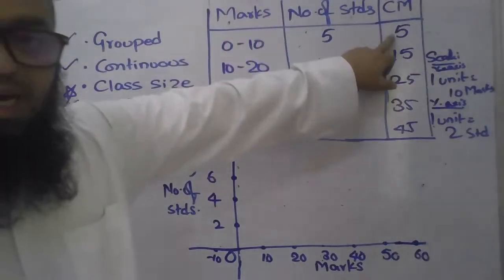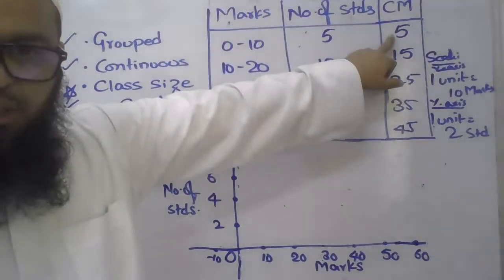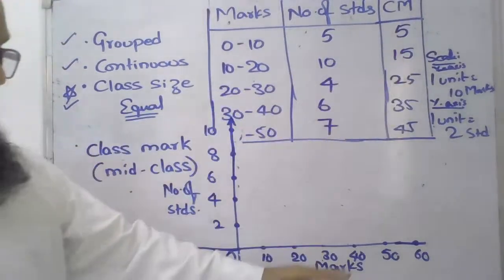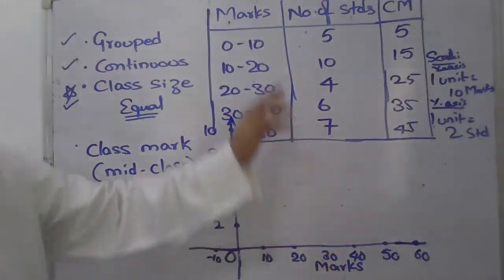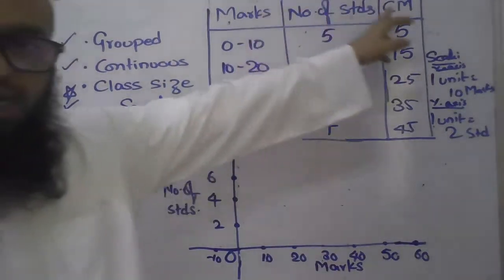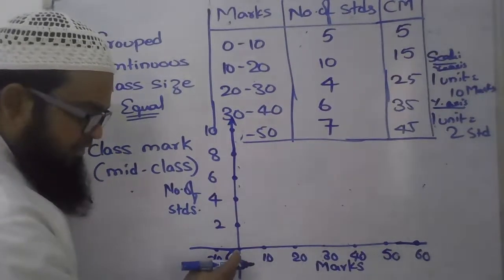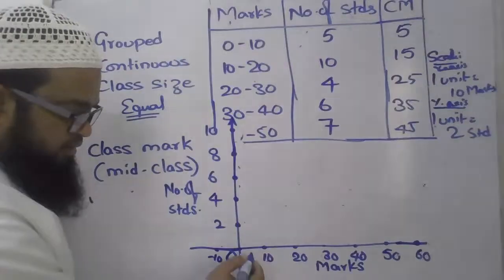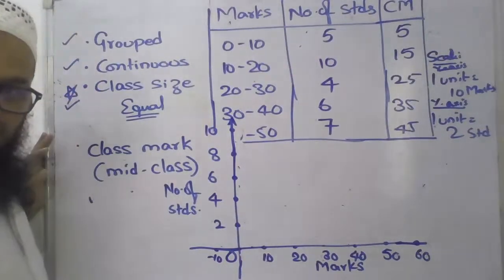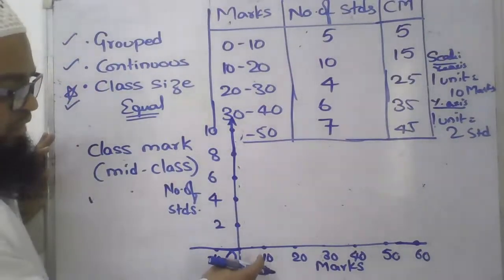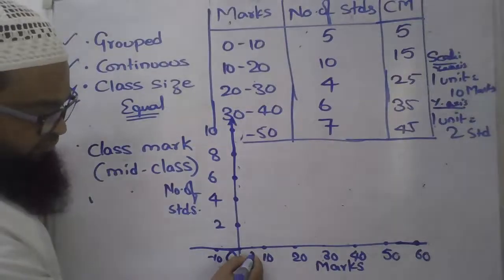We will use class marks. Understood? Class marks will be on the x-axis. So where is 5? In between 0 and 10. So it will be here.